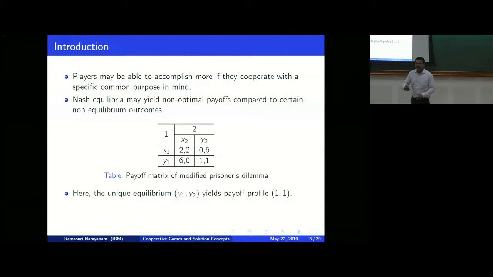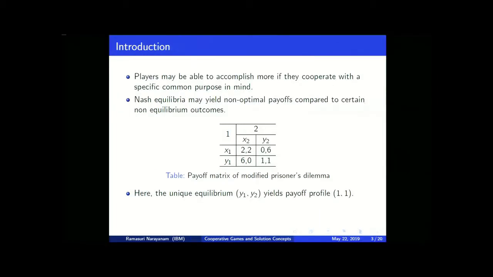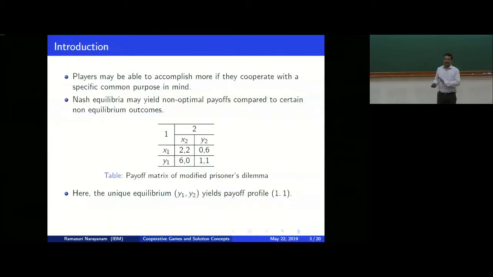Going forward, we try to understand some solution concepts using which we will go from the 1 comma 1 outcome to the 2 comma 2 outcome. Being cooperative, people can achieve this kind of socially efficient outcomes. That is the motivation behind my talk.